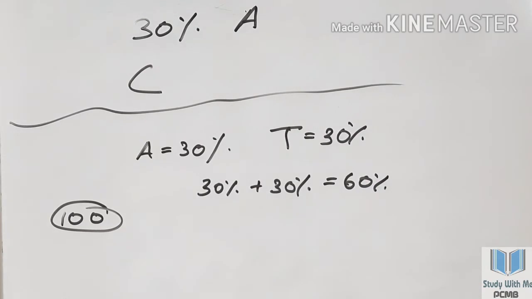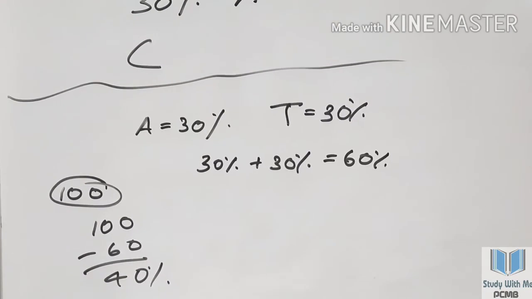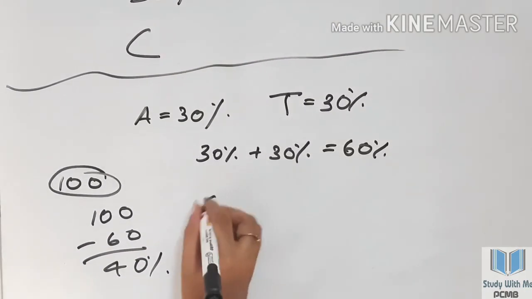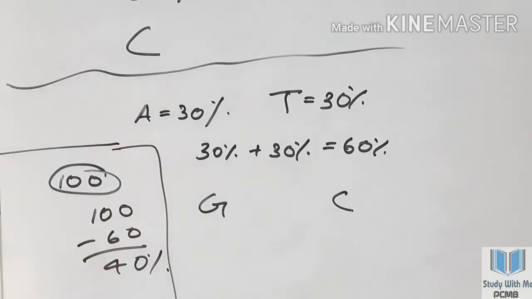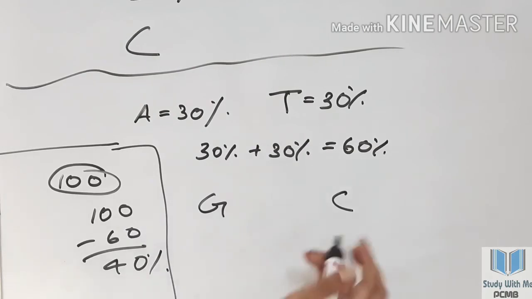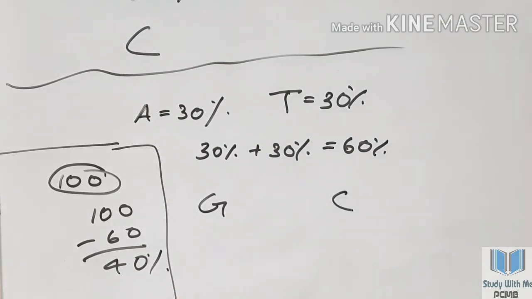Then we can see the rest. So here is 60%. 100 minus 60, what will the answer be? It will be 40. So the rest is 40%. Then we know that guanine and cytosine pair with each other, so the quantity of guanine is always equal to the quantity of cytosine.